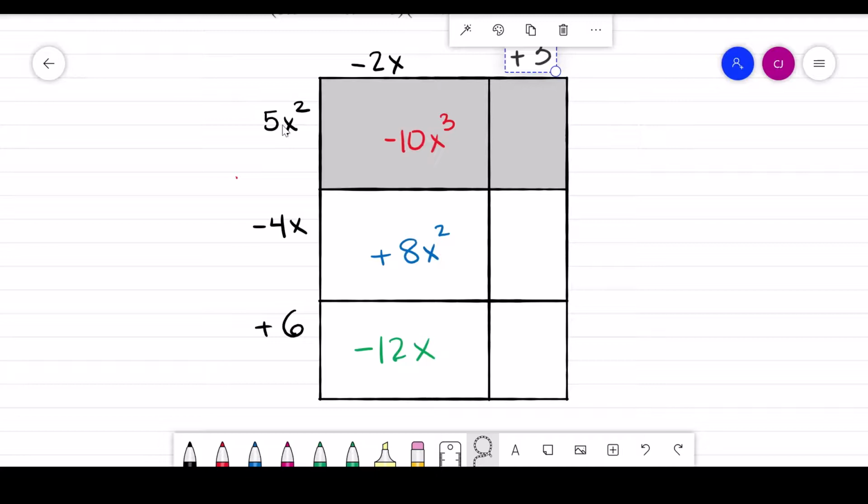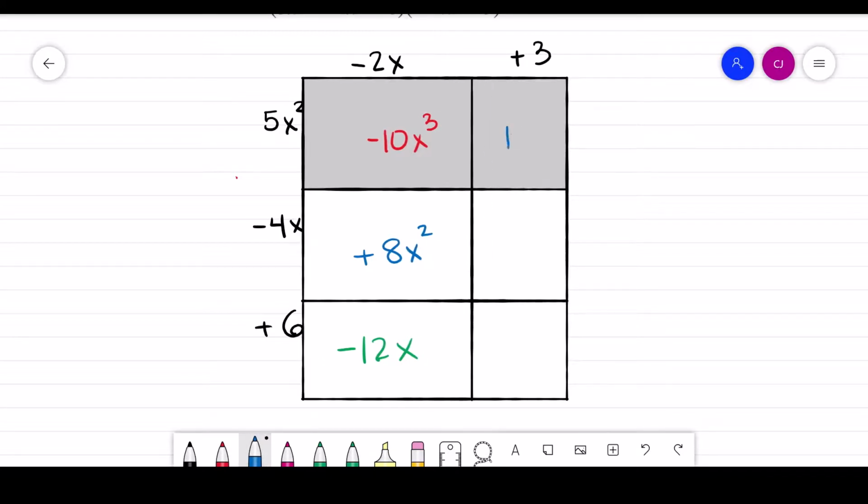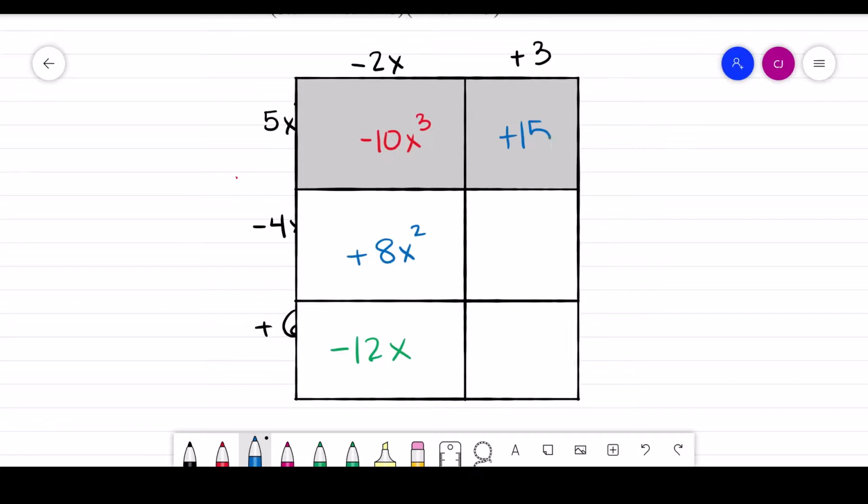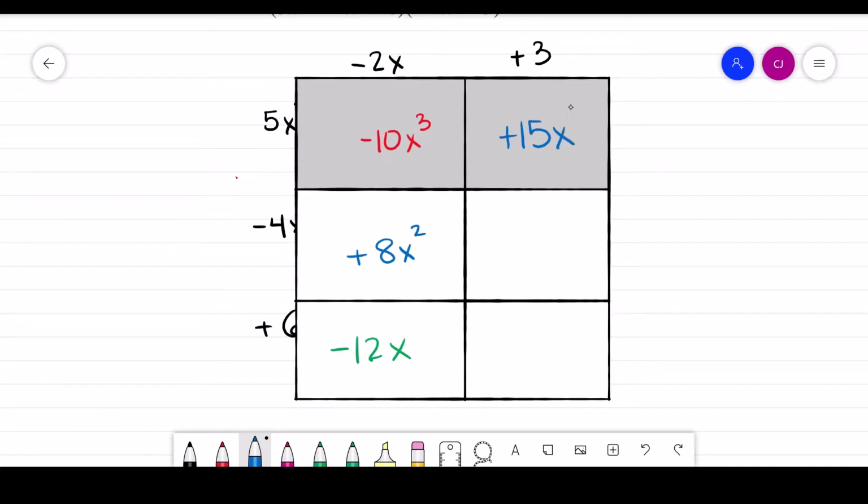Next, I'm going to multiply positive 5x squared times positive 3, and that is going to give me positive 15x squared.